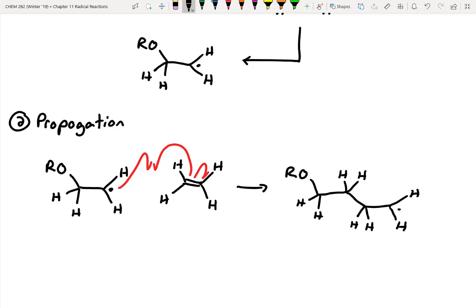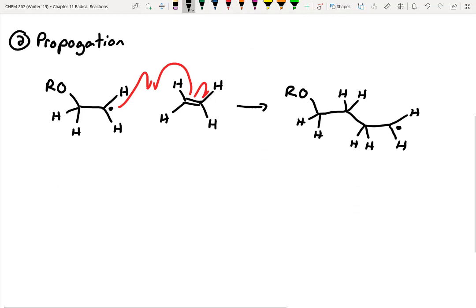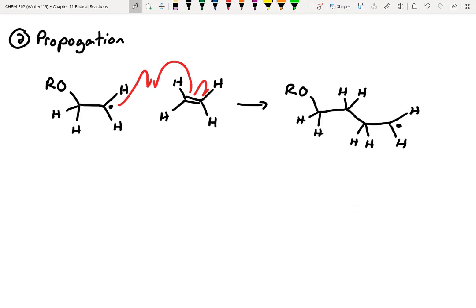All right, so we've regenerated our radical. We've just lengthened the starting material by 2 carbons. So you can imagine if you've got more ethylene around, you can repeat this process over and over and over again until you essentially run out of monomer or just shut down the reaction.